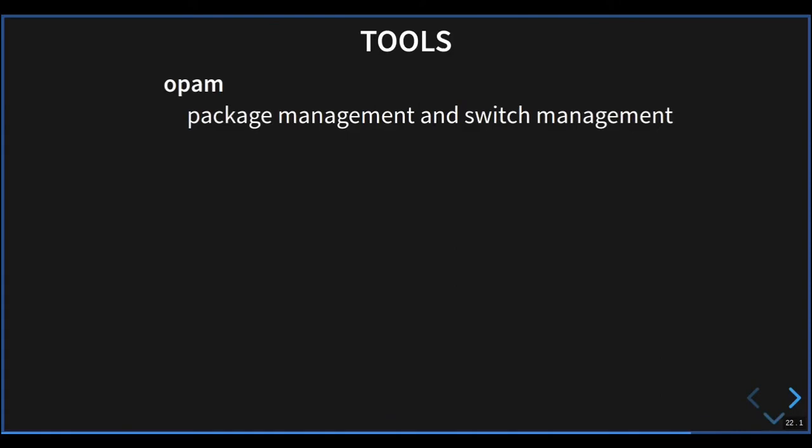Some tools that are commonly used in OCaml. There is opam, which is package management and switch management. If you need to use some third-party library with OCaml, you can search and install these libraries.